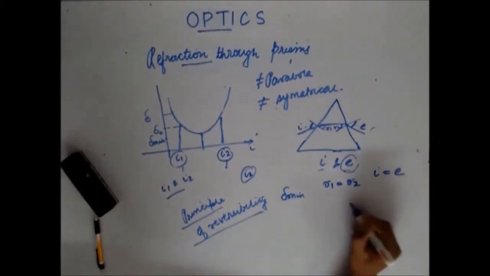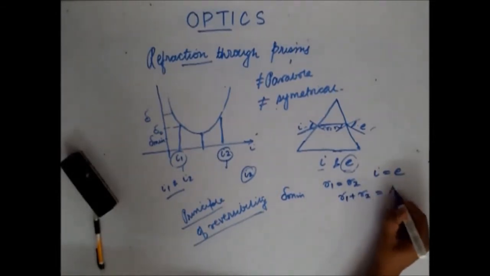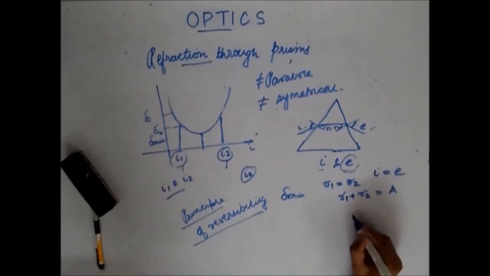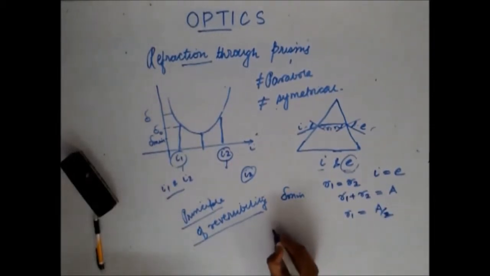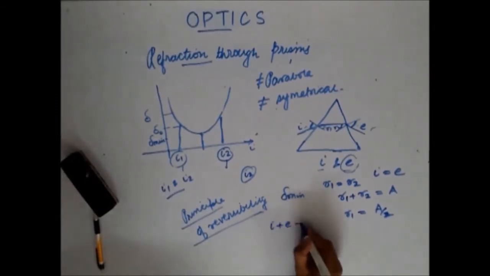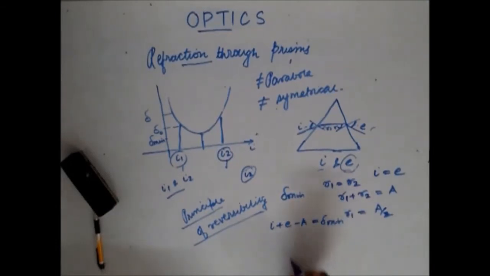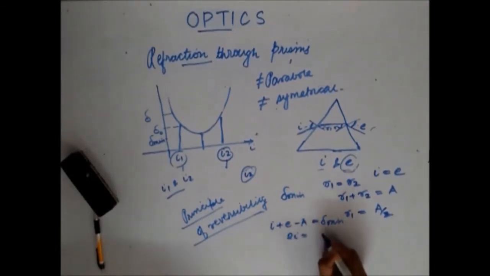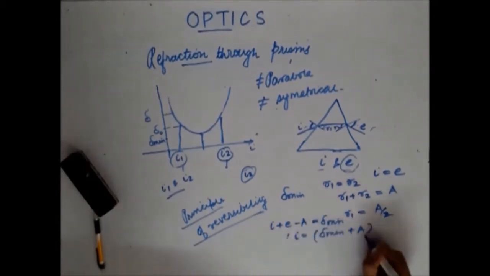R1 plus R2 is equal to A, so R1 is A by 2 because R1 is equal to R2. Also you know that I plus E minus A is delta minimum. So 2I is equal to delta minimum plus A, or I is equal to delta minimum plus A, whole divided by 2.